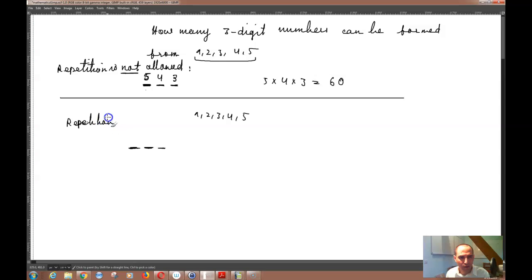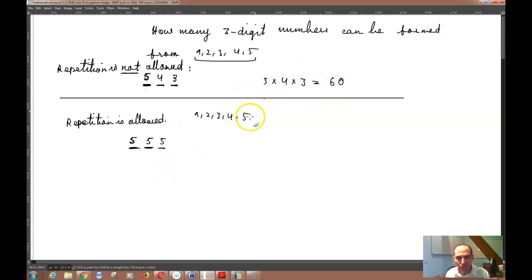So if repetition is allowed, that means there are 5 ways of filling this placeholder. Again, since repetition is allowed, there are 5 ways of filling this placeholder. And again, 5 ways of filling this placeholder.